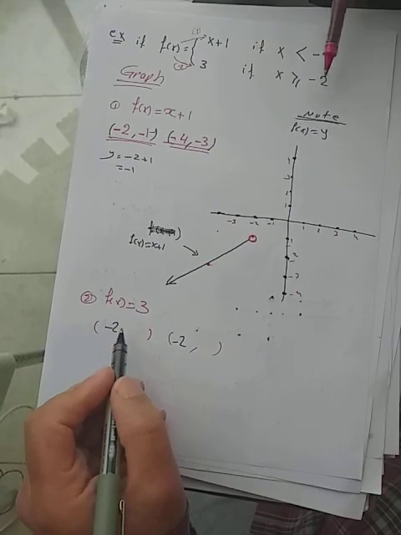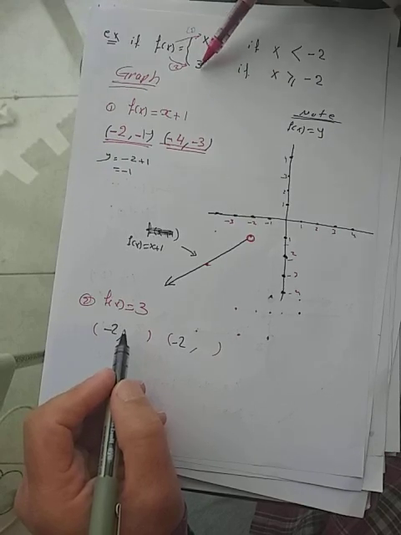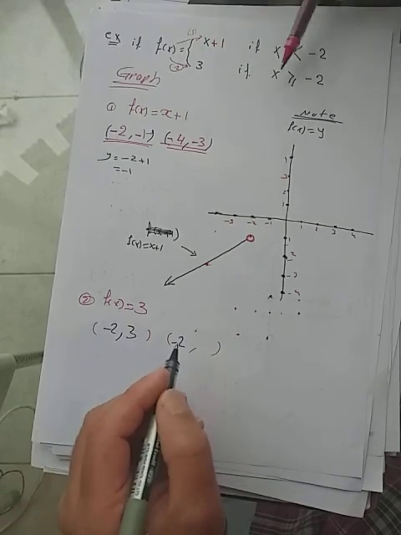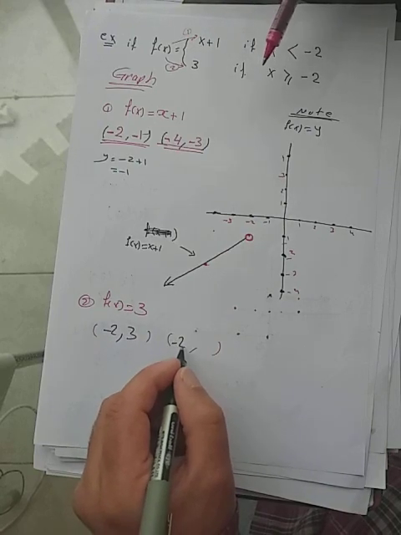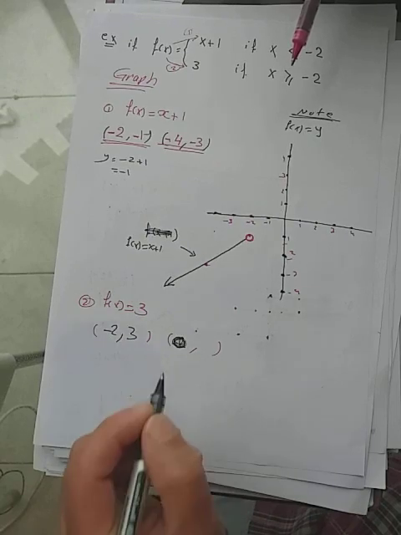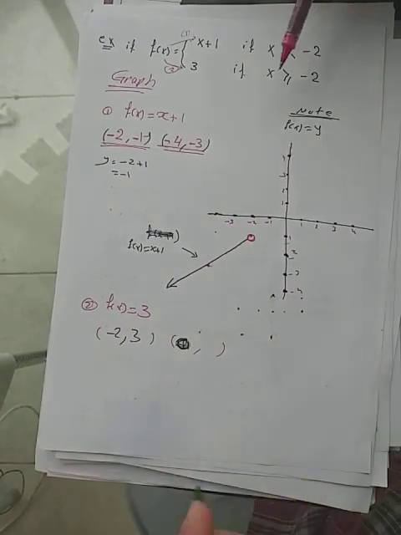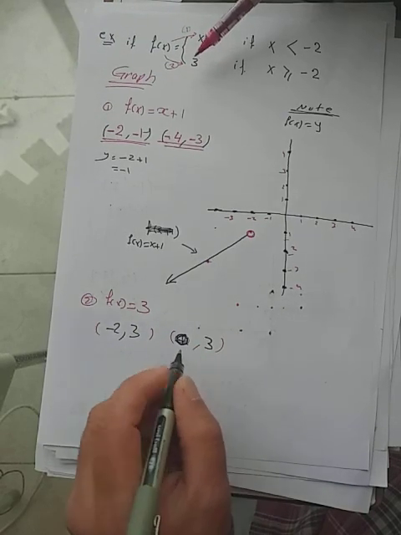If x is equal to minus 2, then y is equal to 3. Sorry, x should be more than minus 2, so we take 0. My mistake. If x is equal to 0, then y is 3. Then we have 2 points.